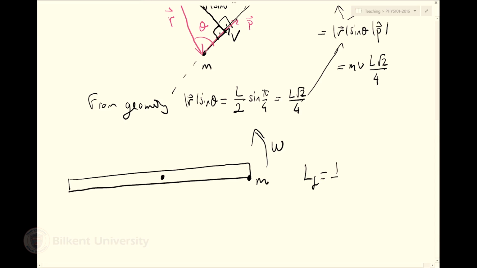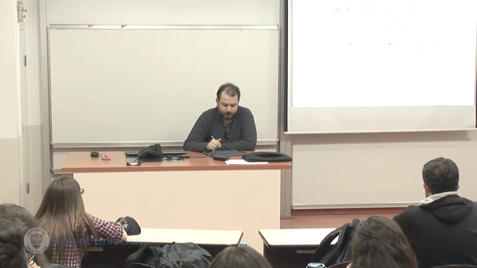It will be I rod times omega plus, what will be the velocity here? The velocity of the small mass m: the distance from the pivot point is L over 2, so the velocity will be omega times L over 2.